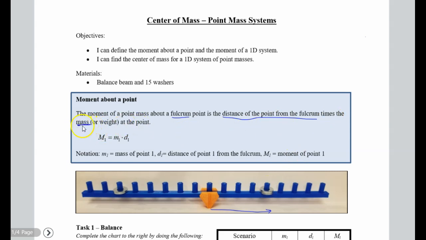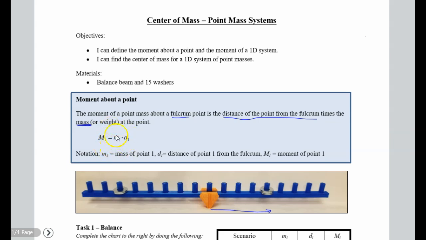This can be various units. You could be using kilograms or pounds, or in our case, washers. So we're going to be using washer units for a lot of this. But the mass in this case would be 3. So there's 3 washers stacked up right there. And then the moment would just be that mass times that distance.